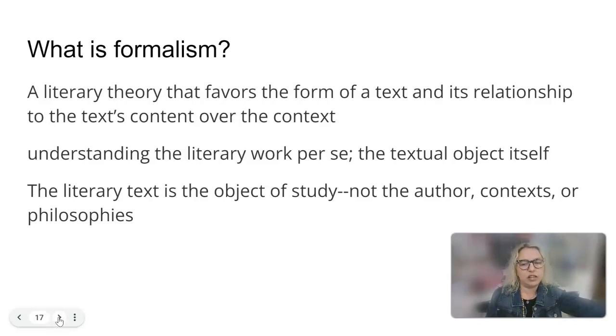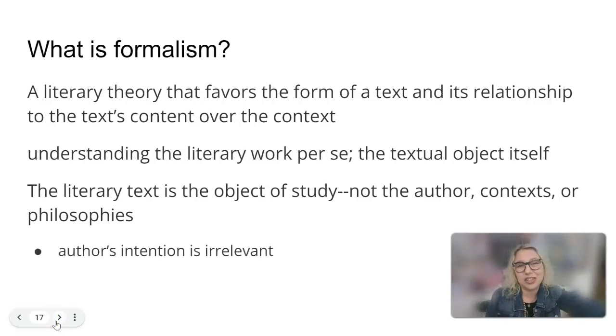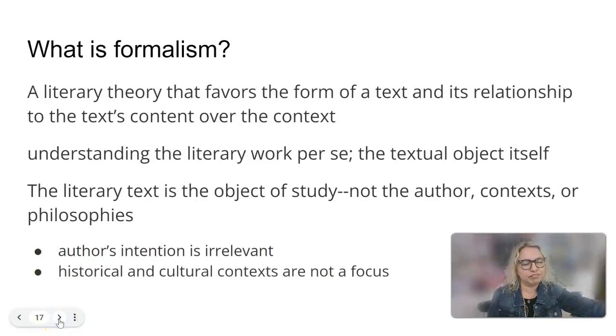Not philosophies that the author believed in or that were popular in the time period. Author's intention is actually irrelevant according to formalism. It simply doesn't matter what the author intended for the reader to feel or think or understand. Instead, it's what is there in the text that is important.